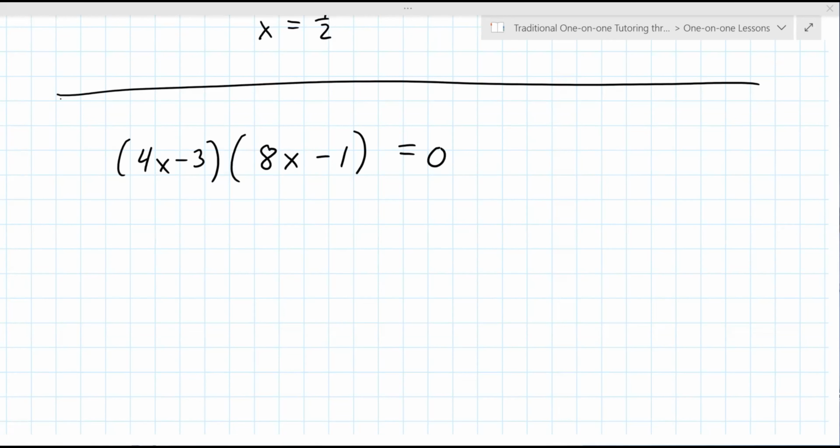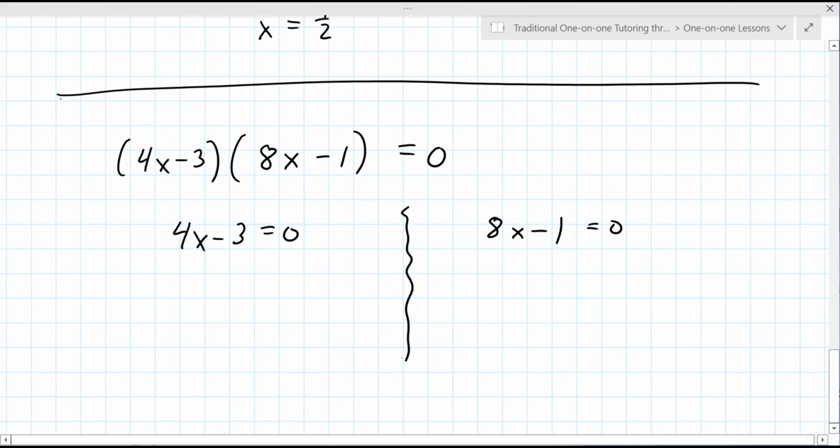Okay, so you're setting each of these equal to 0. And again, you're going to add and subtract first. So on the one on the left, you're going to add 3 to both sides because you want to undo the subtraction by 3.